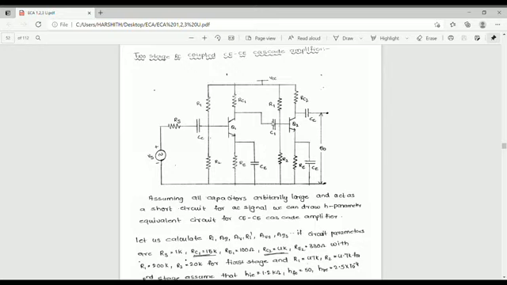In this, assuming all capacitors are large, they act as short circuits. So the first transistor output is given directly to the second transistor input without any drop. The capacitor is shorted, so for the AC signal we can draw the h parameter equivalent circuit for the CE cascade amplifier.